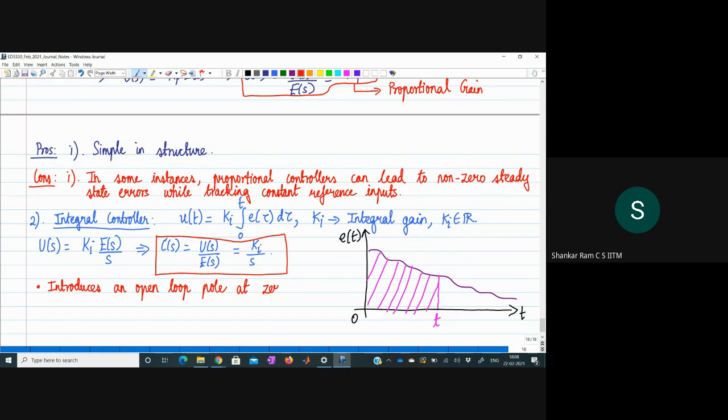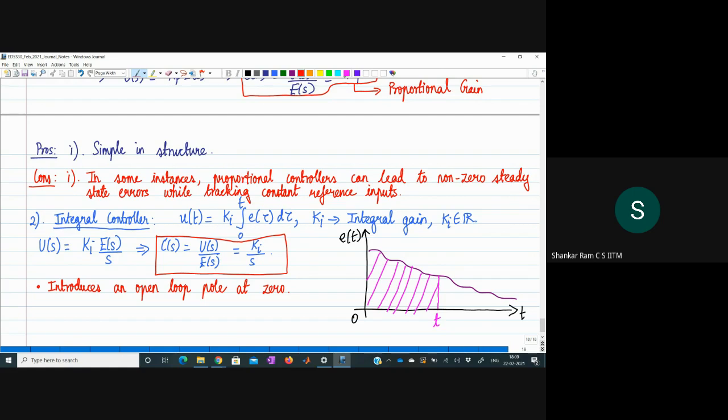If you look at the open loop transfer function, it is G of s times H of s, and G of s contains C of s, so there is going to be a 1 by s term, Ki by s to be specific, in the denominator of the open loop transfer function. So it introduces an open loop pole at 0, which we need to be aware of.